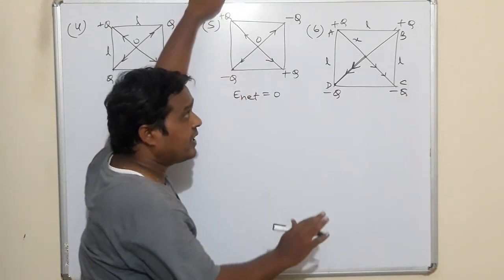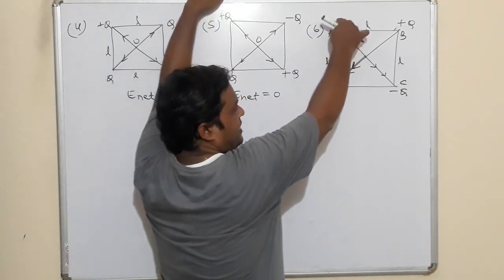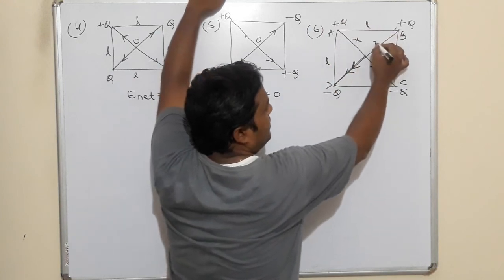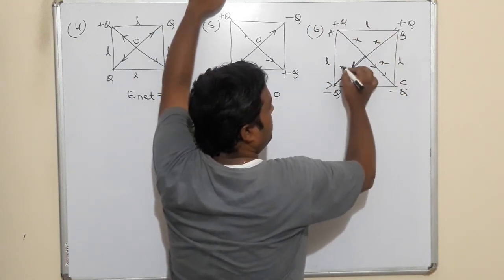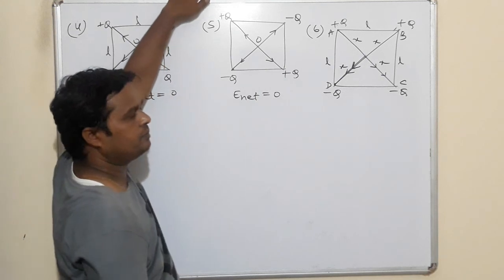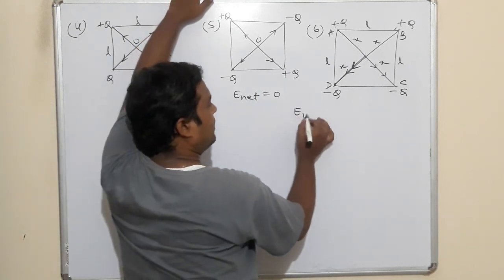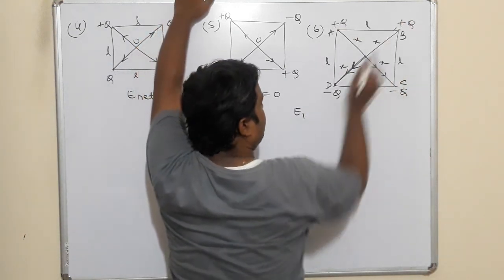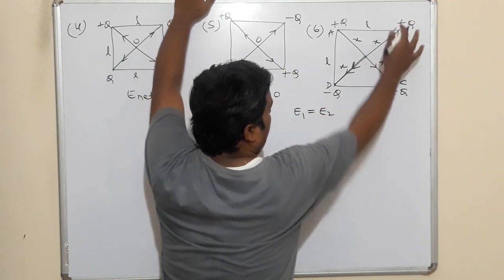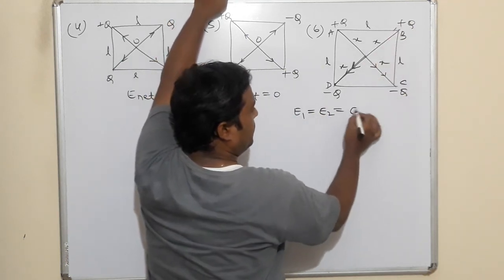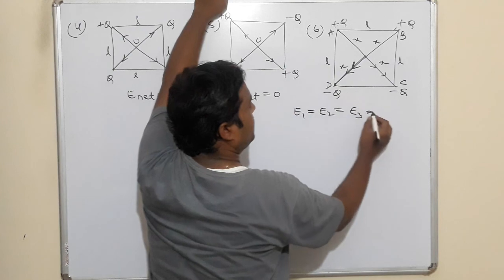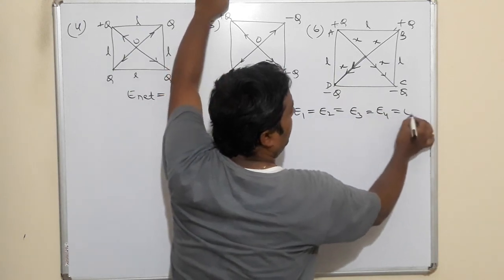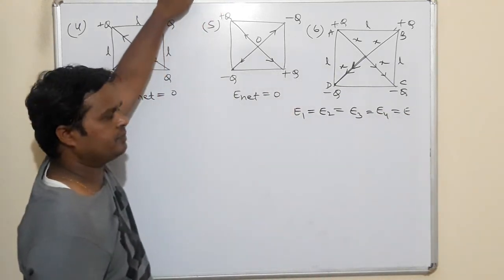Whether all the fields are equal, yes. This distance is going to be x, the same x for all four charges. Then E1 is the electric field due to this charge, E2 due to this, E3 due to this, E4 due to this.